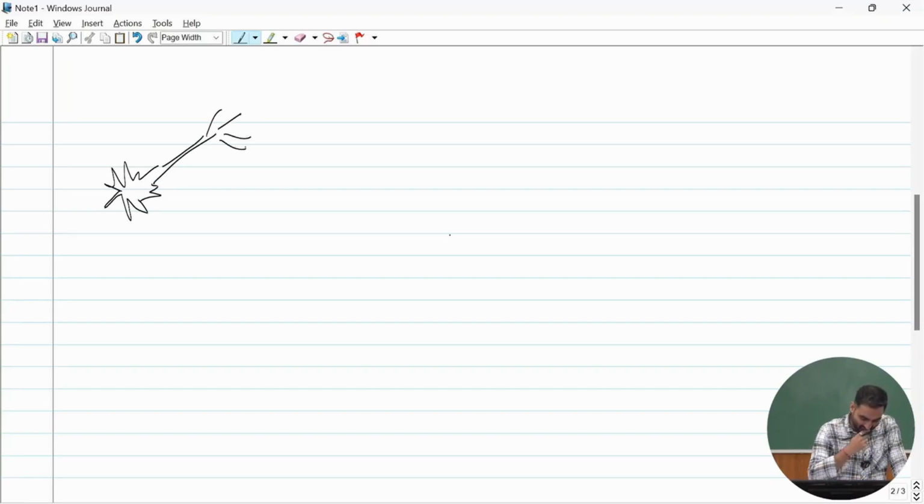So this is one neuron, and this is called the axon, right? And you have this dendrite, and this is called the synapses, where two neurons essentially interact.